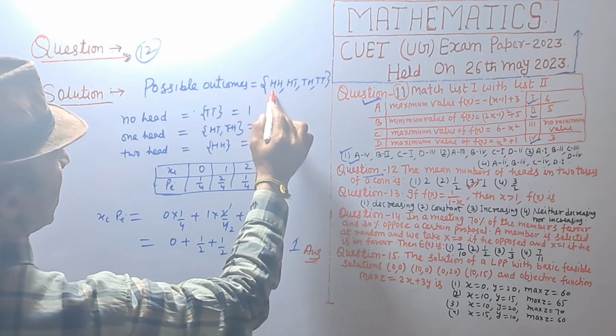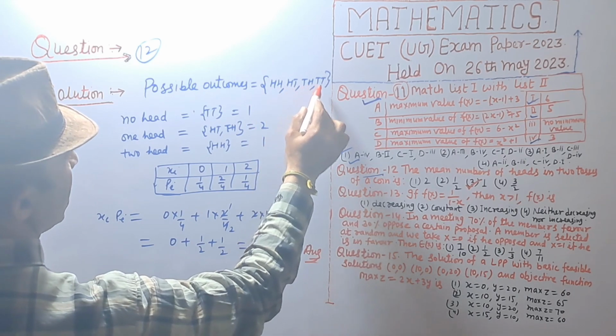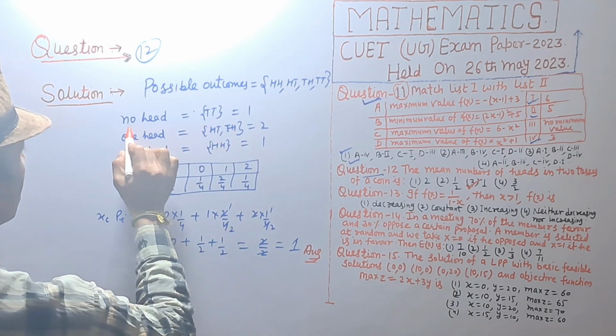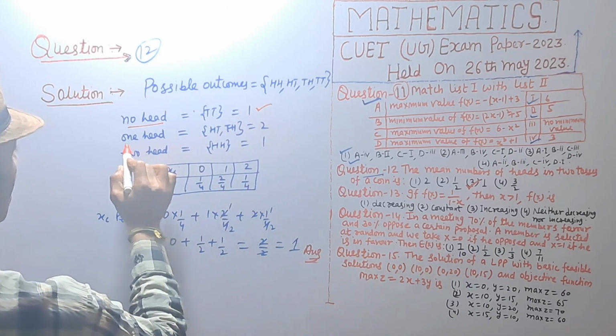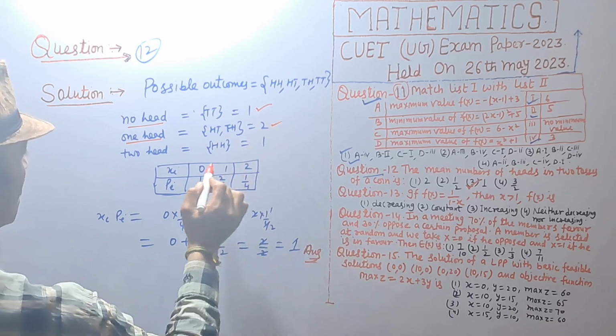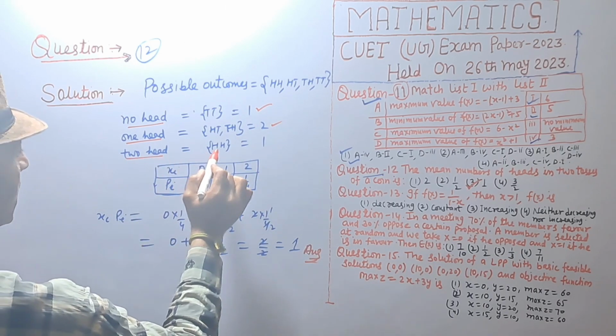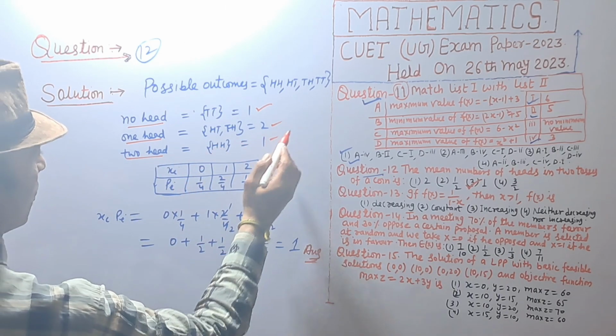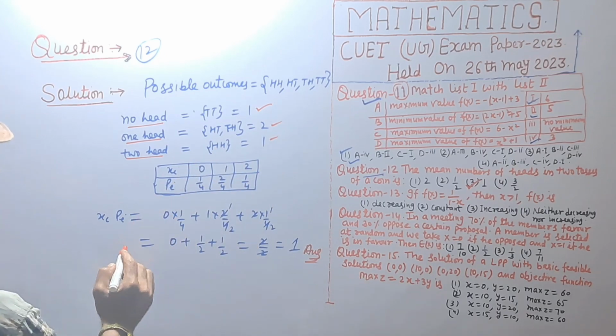Possible outcomes: head head, head tail, tail head, and tail tail. No head, that is 1. One head, head tail, tail head, that is 2. And 2 heads, that is head head, one time.